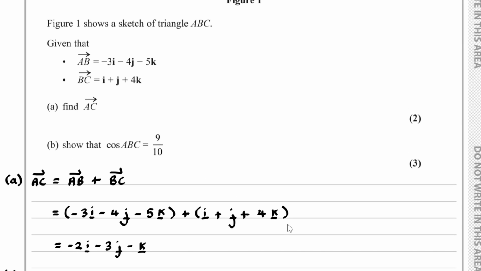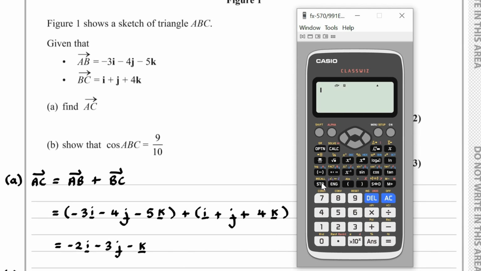If we find out the magnitude of AB, that's equal to the square root of minus 3 squared plus minus 4 squared plus minus 5 squared.